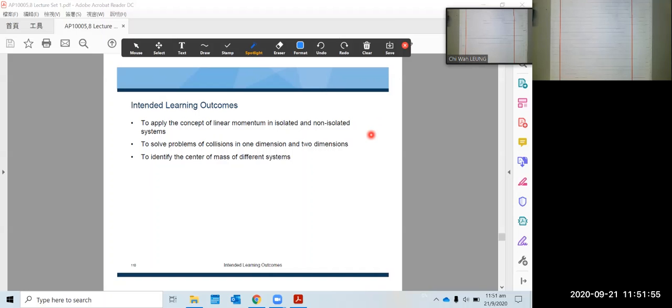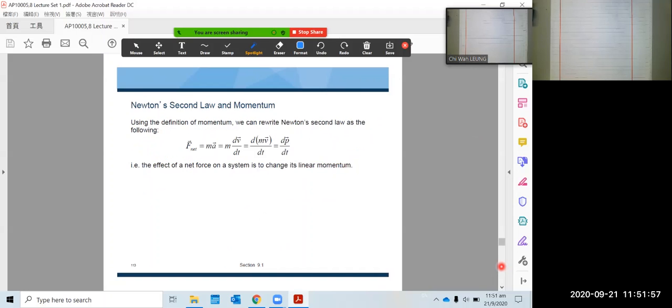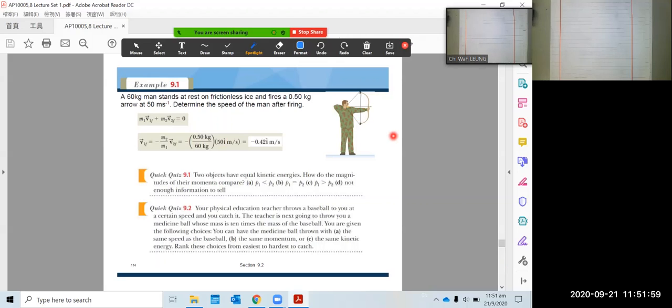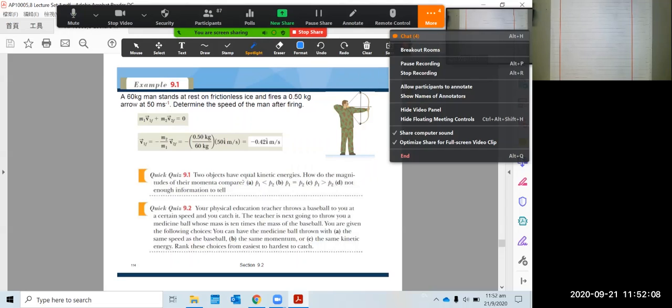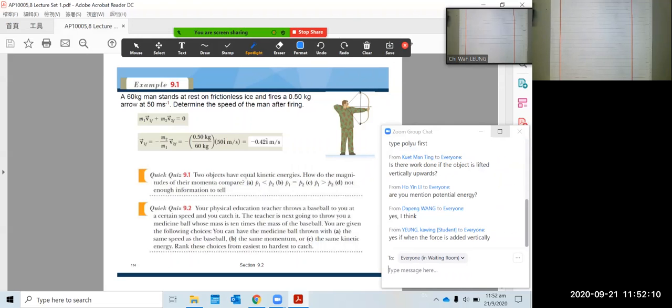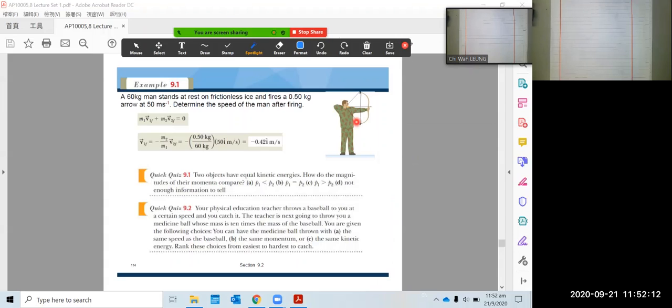For example, let us take a look at the case of a man holding an arrow, and he is trying to shoot the arrow.